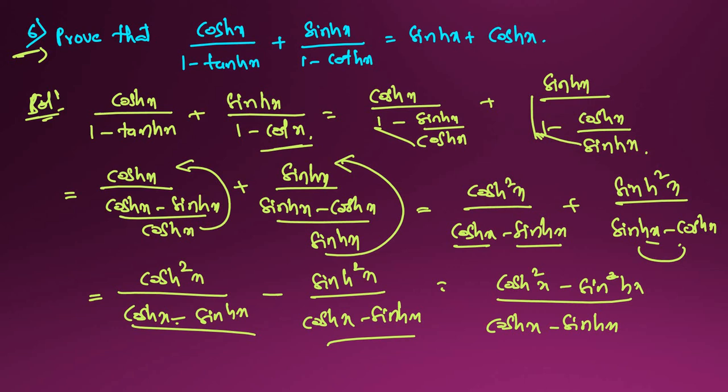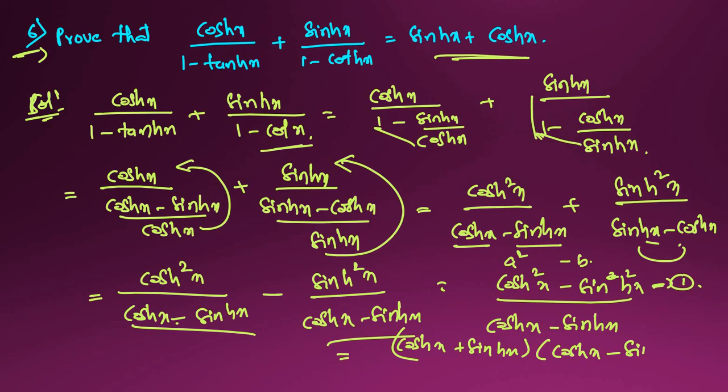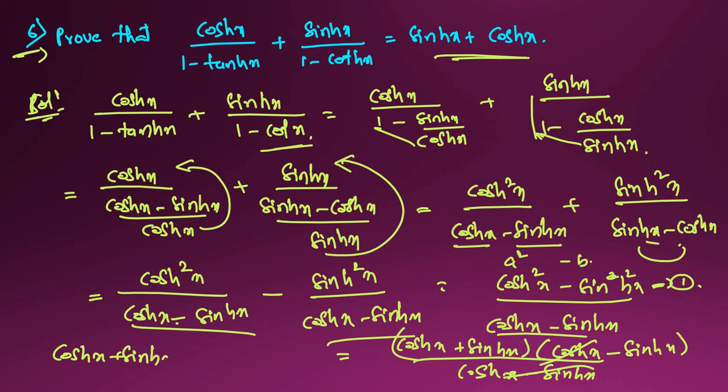But what we have to find here, we will do a² − b², so it will become (cosh x + sinh x) into (cosh x − sinh x), divided by the total (cosh x − sinh x). These two will get cancelled, and cosh x + sinh x will remain here. So this is the answer.